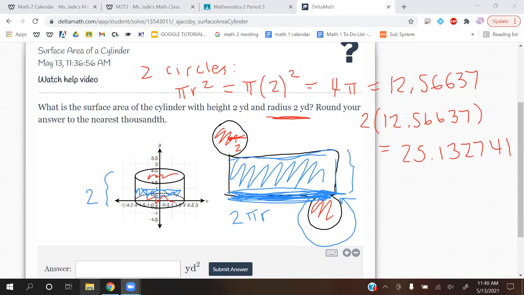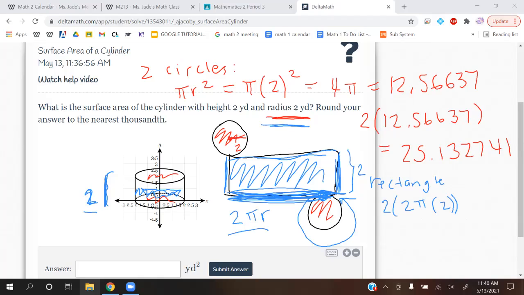Let's deal with our rectangle now. So we learned that the height of the cylinder was 2, so that means that side length is 2. This is 2 because this height is 2. And then we just need to multiply the length times width of the rectangle. So it's 2 times 2 pi r. Our radius is 2 yards.